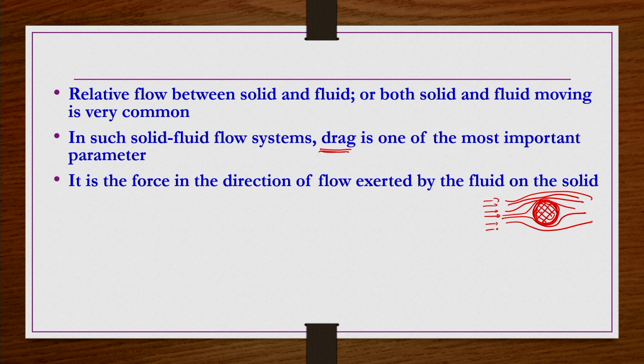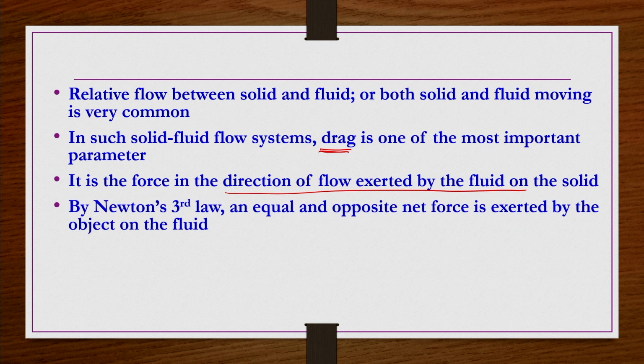That force exerted by the fluid in the flow direction is known as the drag force. So, drag force is the force exerted by the fluid on the solid object, but in the flow direction. The direction should be the flow direction, okay, that is important. So, drag is the force in the direction of flow exerted by the fluid on the solid.